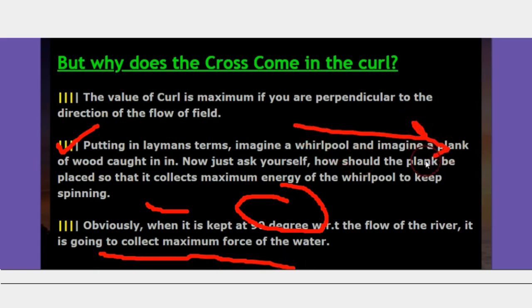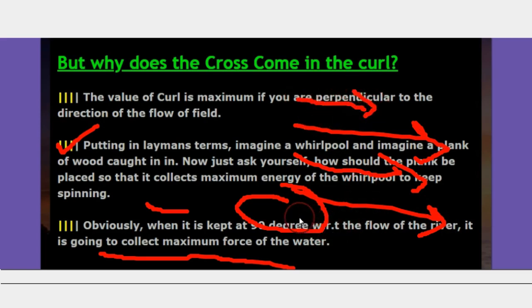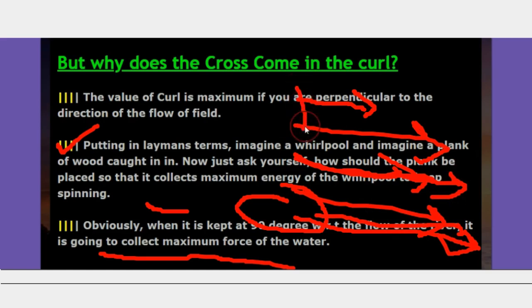If the water is flowing like this, and there is some difference in the water flow, like this velocity is less, more velocity, and still more velocity, and if you put a wooden stick like that at 90 degrees, a torque will act on it and it will start rotating from this position to this position to this position.